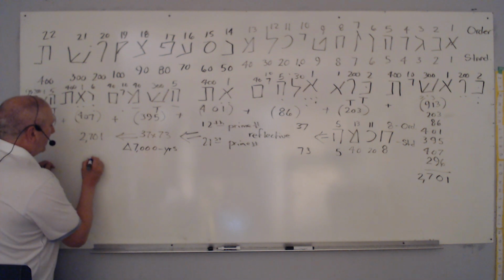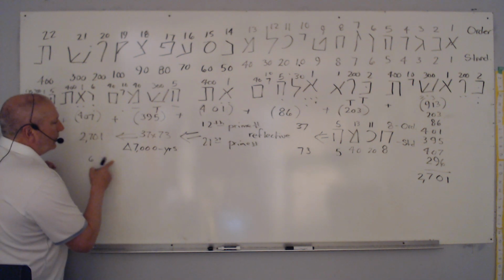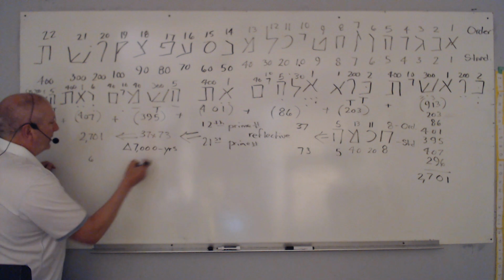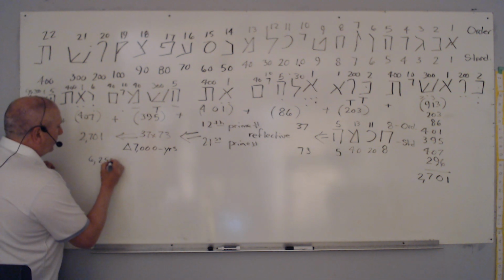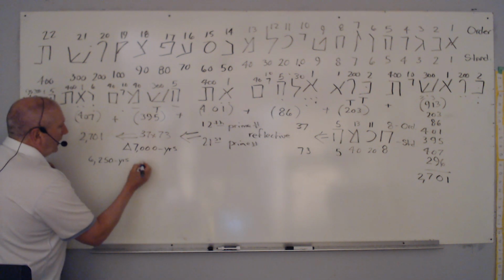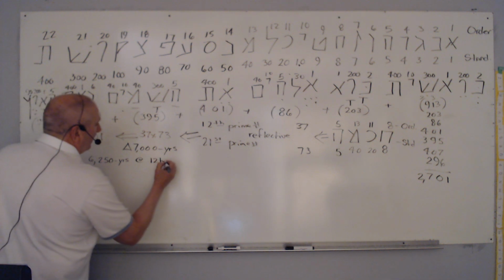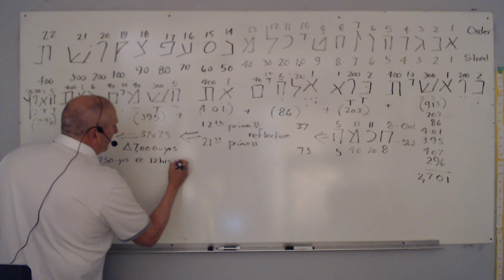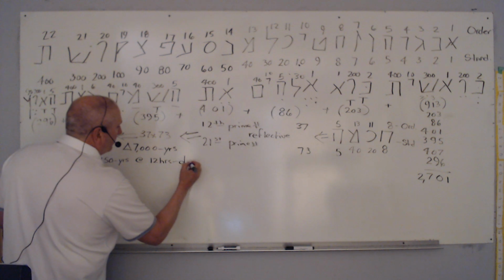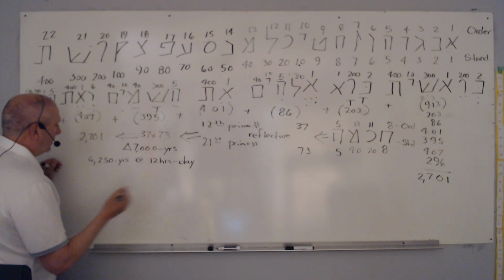So we began with 6,000 and went in 250-year increments towards 7,000. And these are chronological years. And we did it at 12 hours a day. As Dr. John Penn noticed, there's 12 hours a day. That's what Jesus said. There's 12 hours in the day.